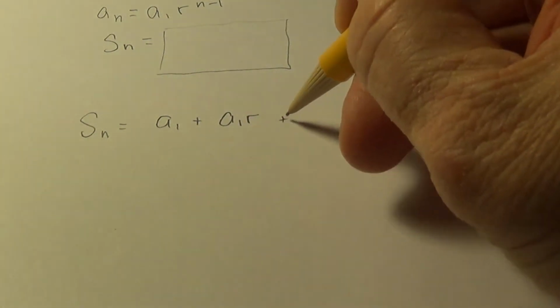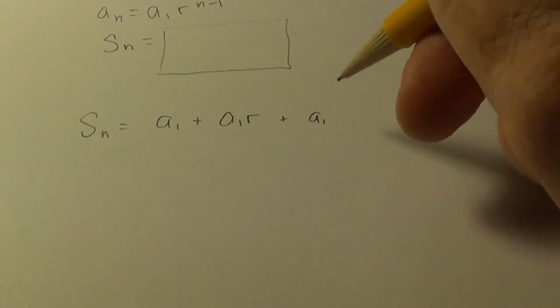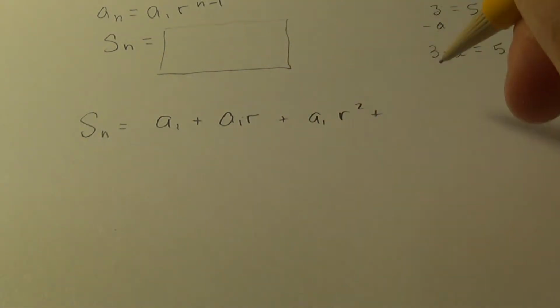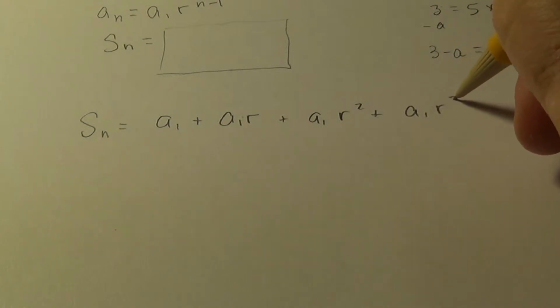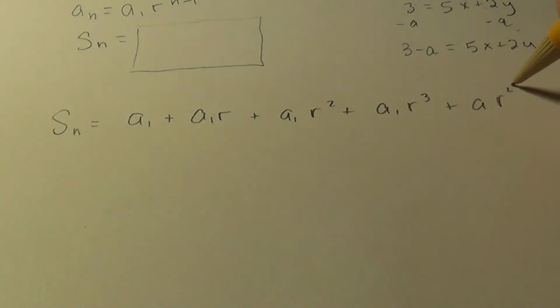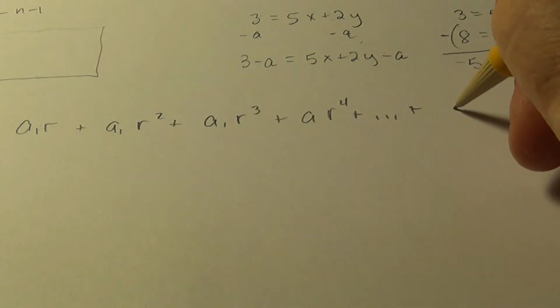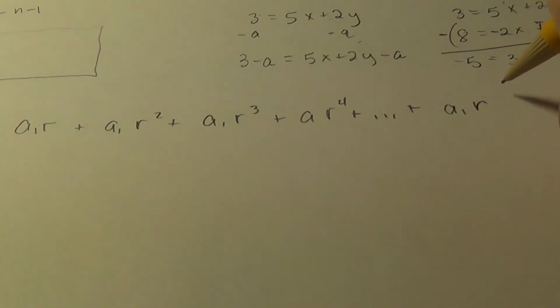And the next term, we multiply the common ratio times this. The common ratio keeps building until we get to the nth term, which I stated up there was a sub 1 times r to the n minus 1.